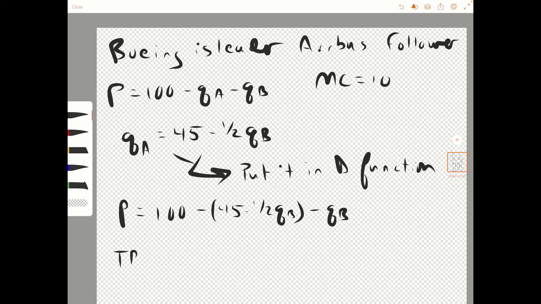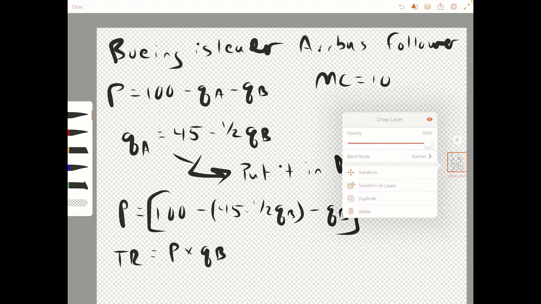Then total revenue is going to be this whole thing times QB. And now what we're going to do is condense this, figure out the marginal revenue, and set that equal to marginal cost. So let's go through and do that.